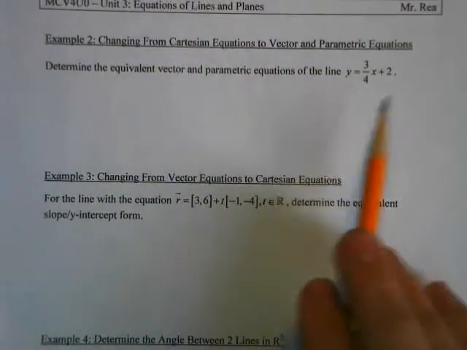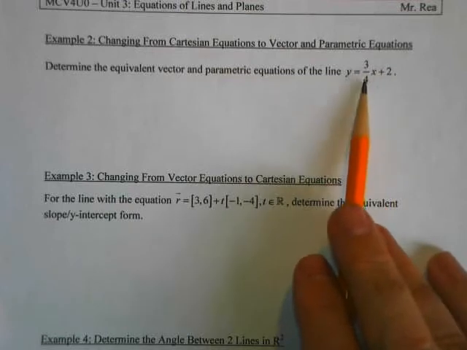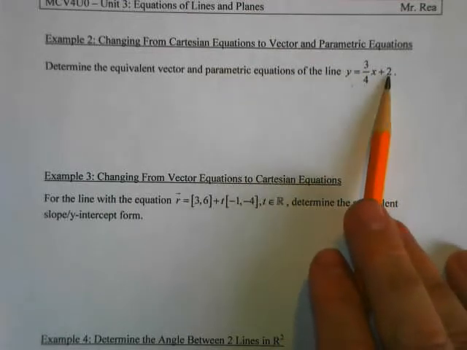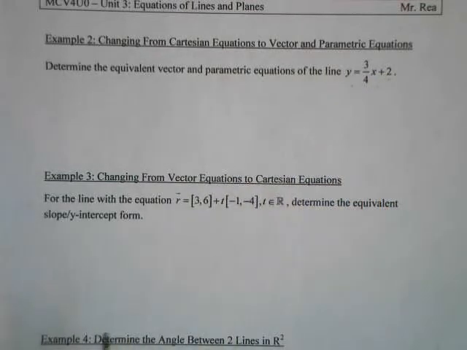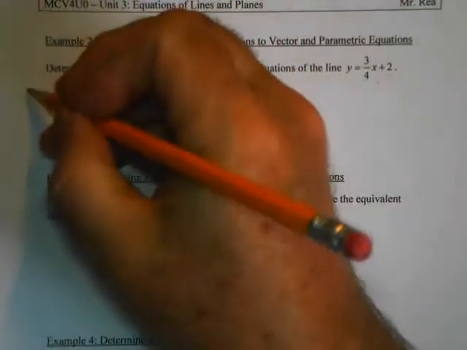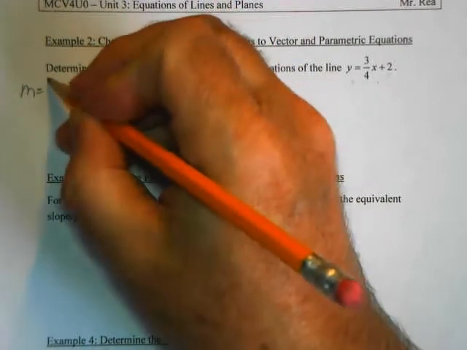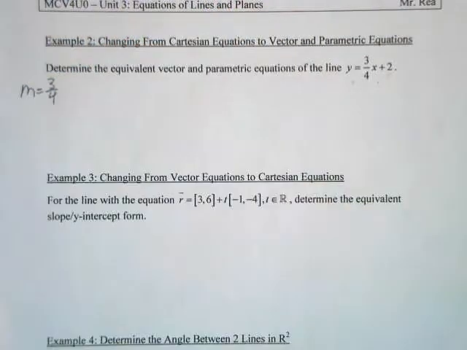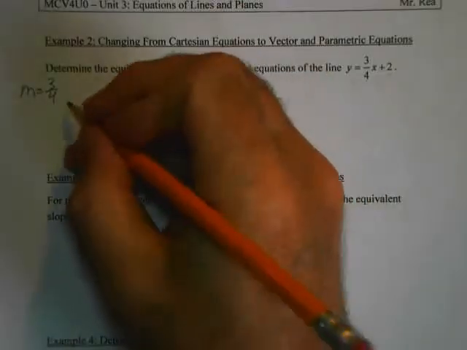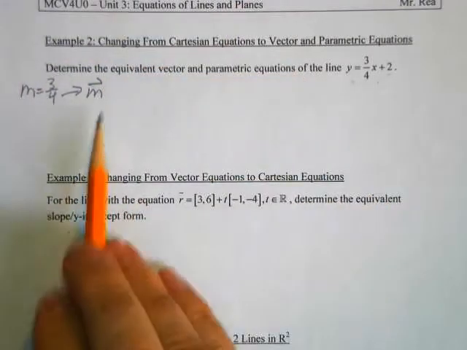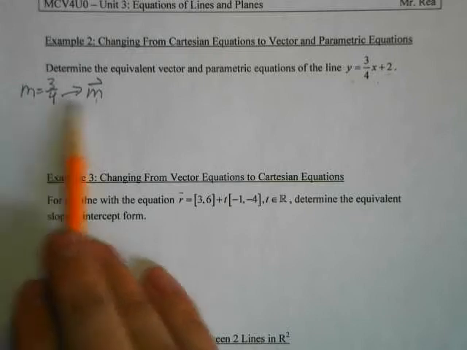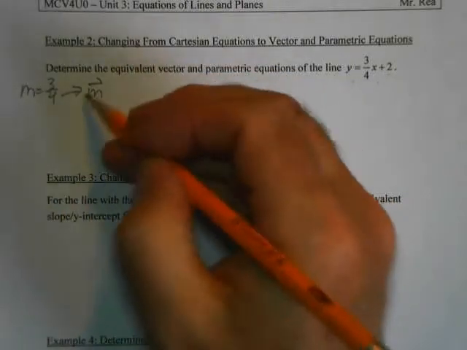Well, we have 2 pieces of information from this. We have the slope of the line and we have a point on the line. It happens to always be the y-intercept. Still a point though. So we'll start with the slope. m equals 3/4. And from that we're going to create the direction vector. Notice how that's a vector and m is just a value, but it's directly related.